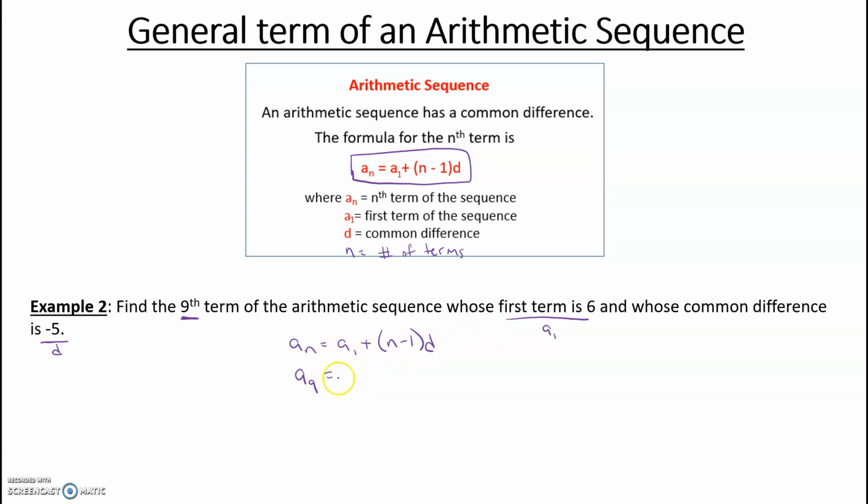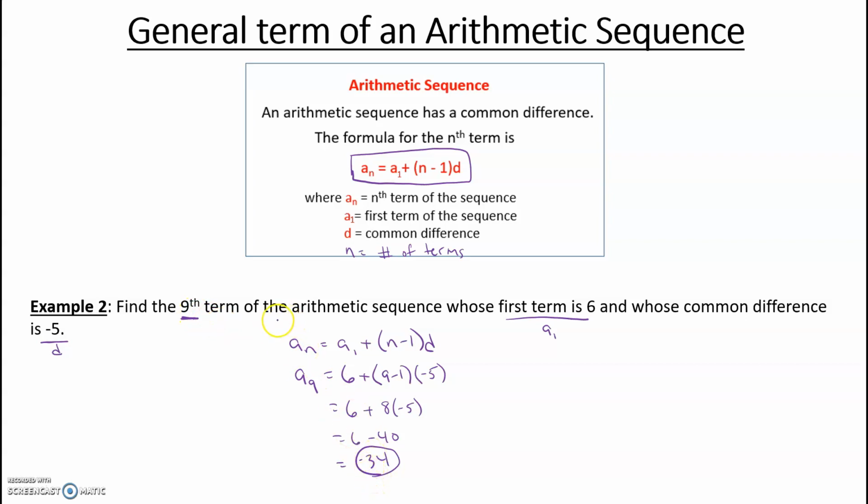A sub 1 was 6 plus n, we want 9. 9 minus 1. And my common difference was negative 5. And then you just do the math. 9 minus 1 is 8 times negative 5 is negative 40. 6 minus 40 gets me negative 34. So I know my 9th term is negative 34.